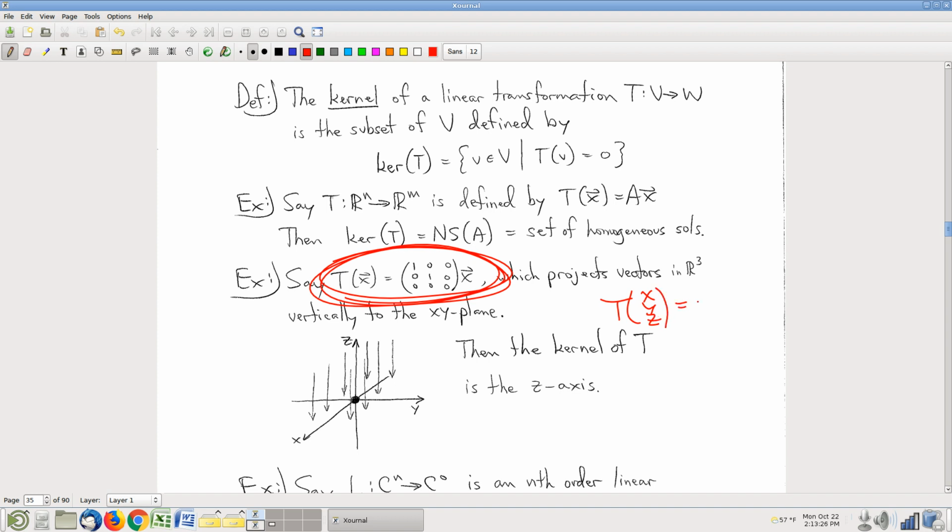You multiply by that matrix and you get x, y, 0. And geometrically, you can see here the third coordinate is 0, that's the xy plane, and the x and y coordinates don't change, so it's projection into the xy plane. Yep. Okay.